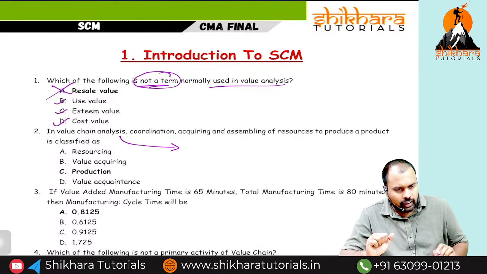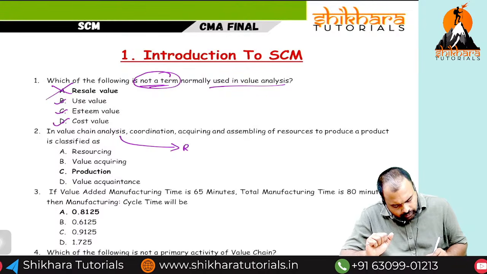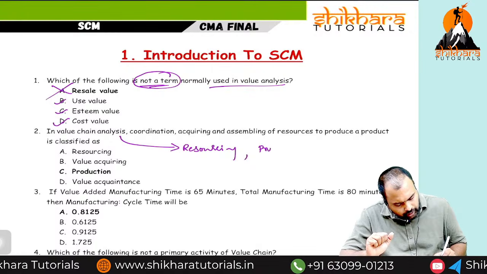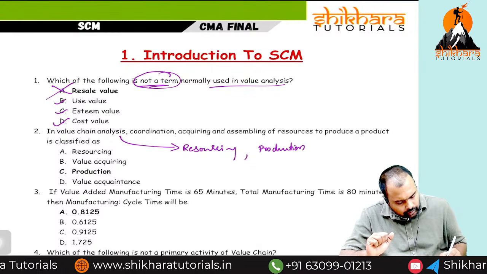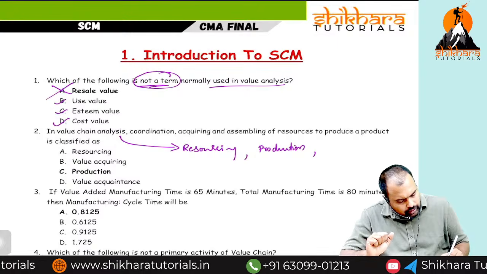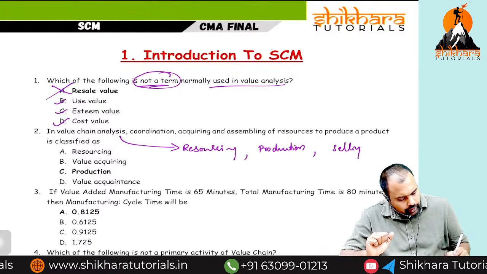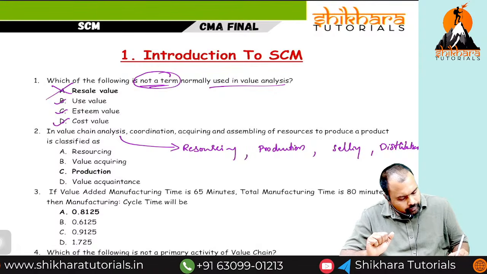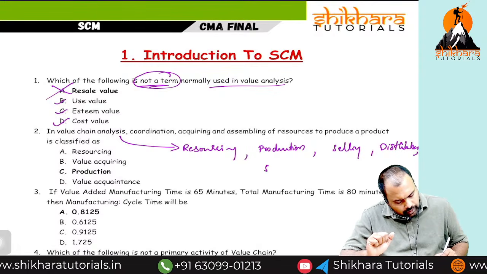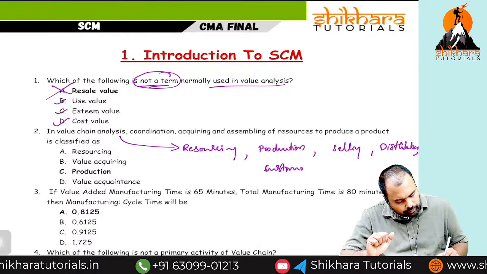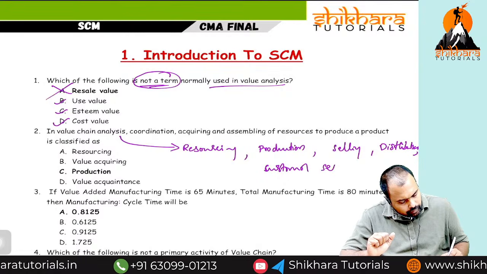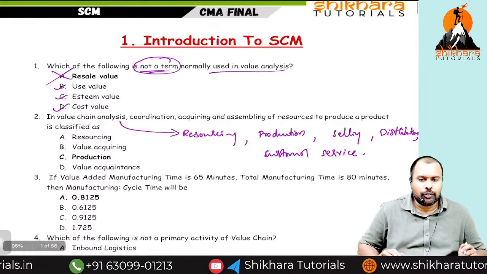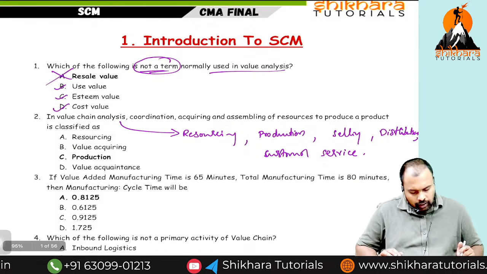So the value chain contains first resourcing, then production, then selling, then distribution, then customer service. So this is what is contained in value chain analysis that we discussed, right?